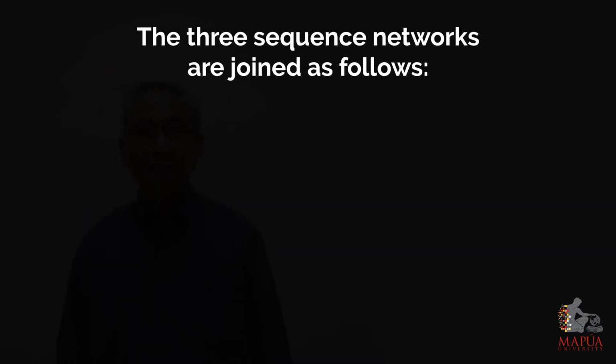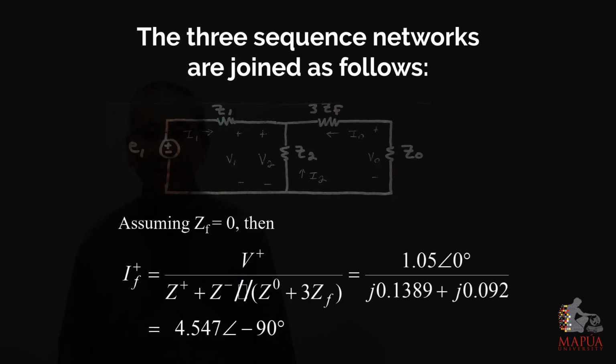The three sequence networks are joined as follows. Notice that the zero sequence network composed of Z0 in series with 3ZF is in parallel with the negative sequence network, say Z2. And this parallel combination is in series with the positive sequence network, say Z1 in series with E1.